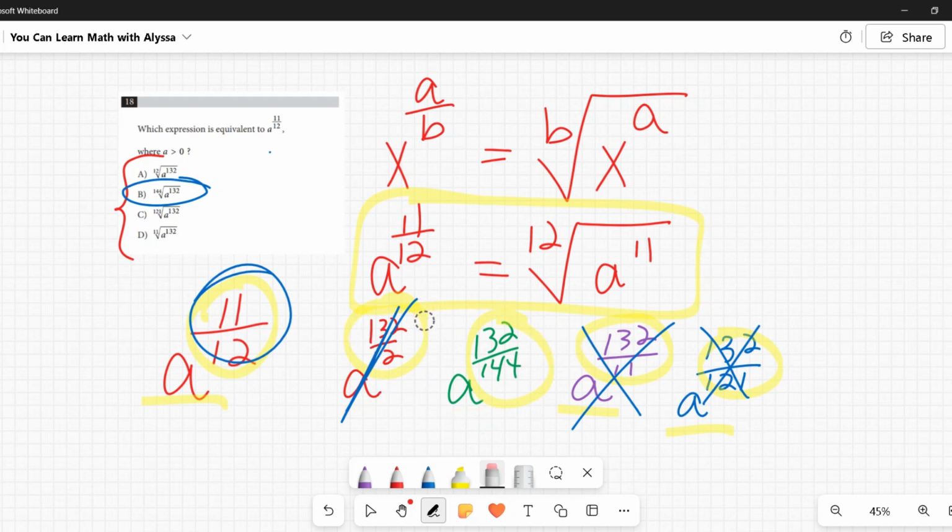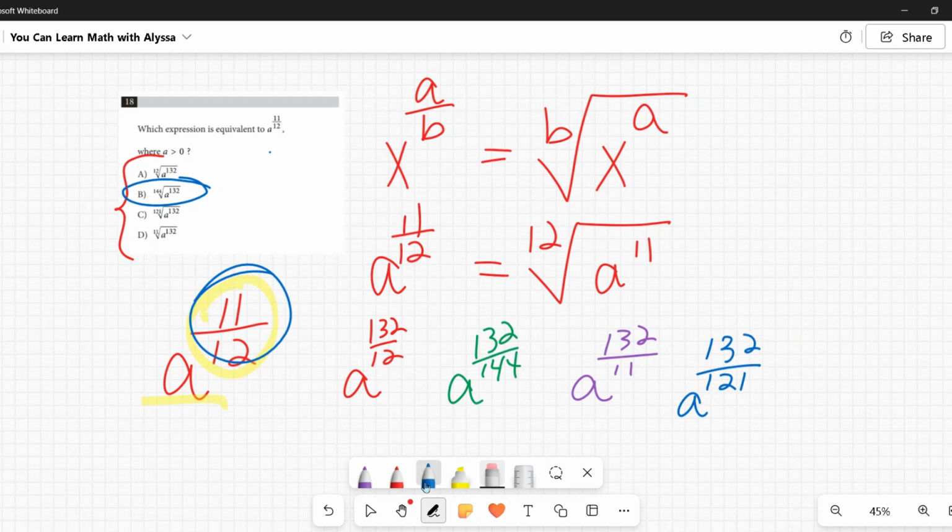But if you didn't want to go through that math, you could look at these logically and go, well, whatever fraction is equivalent to 11 twelfths has to have a smaller number on top and a bigger number on the bottom. And the only fraction here that fits that is that one. All the other three have the smaller number on the bottom. So it's impossible for any of those to be equal to 11 twelfths, where the numerator is smaller than the denominator.